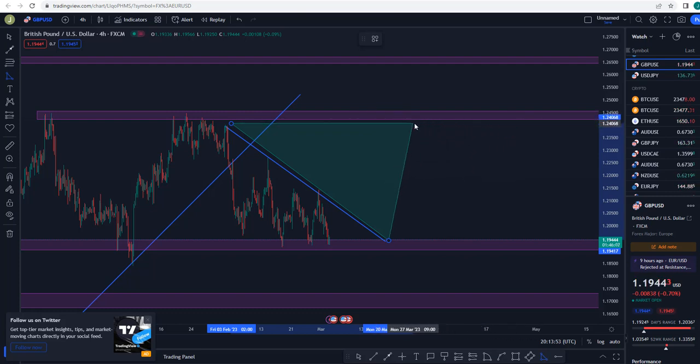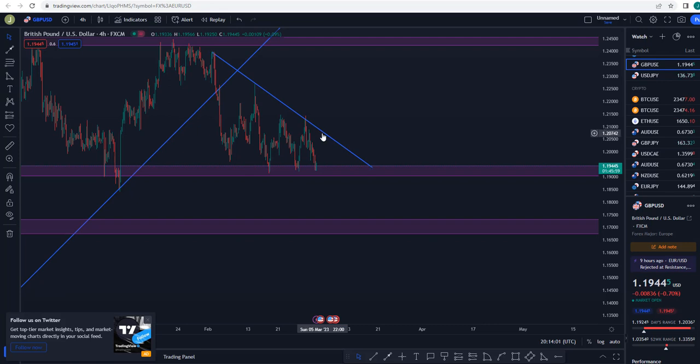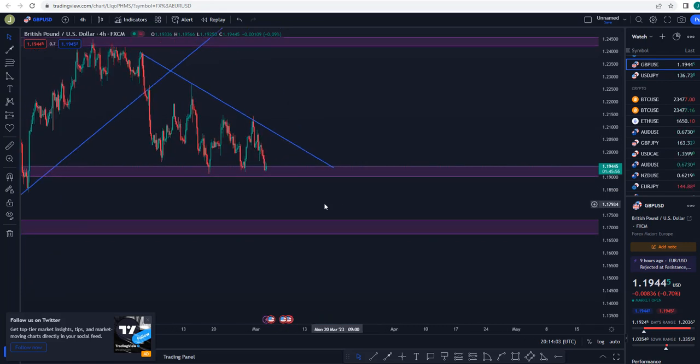Can you see this place? So price may fill this place. So we don't know what will happen, but this trend line may really hold the price, reject the price, and the price will keep touching it and then falling.